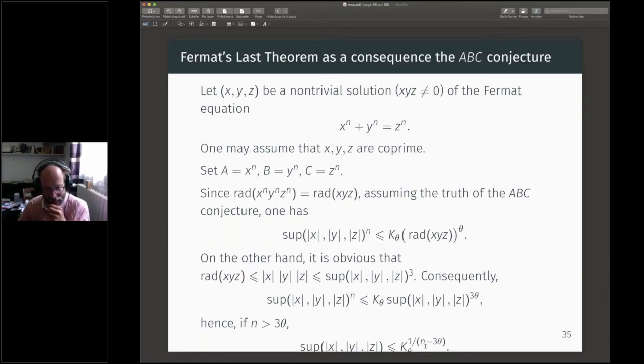And of course, if you don't know what the constant k theta is, you can't do anything, because it could be a very large bound which depends on n, and unless it is effectively given, you don't know how to make the search. But in principle, you have the solution.